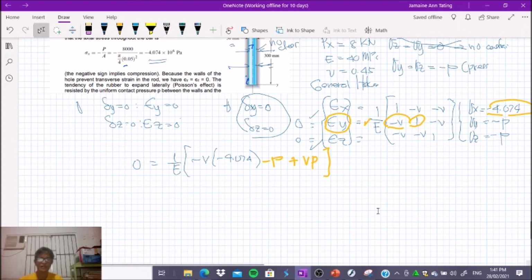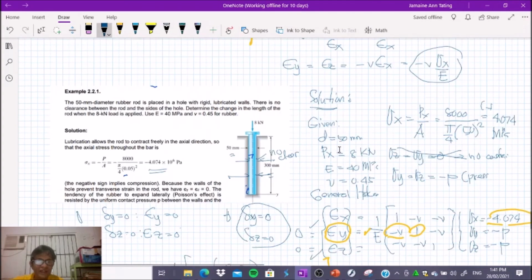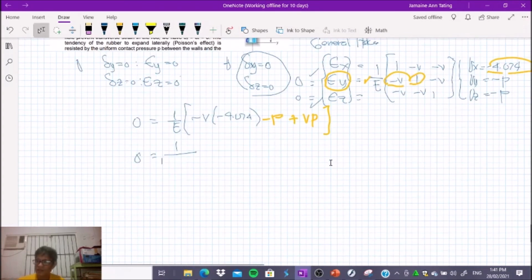Okay. So if we are going to substitute the value, we have 0 will be equal to 1 over E. Now, what is the value of E? 40? Yes, 40.